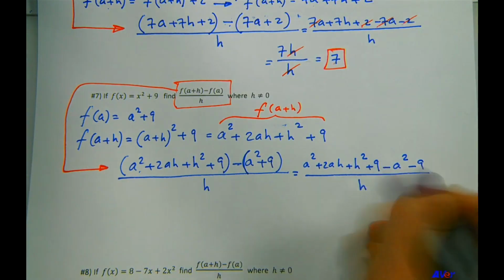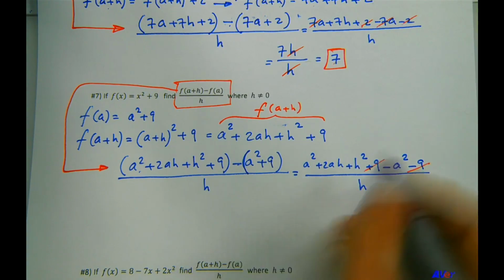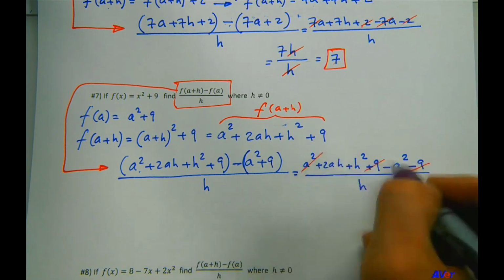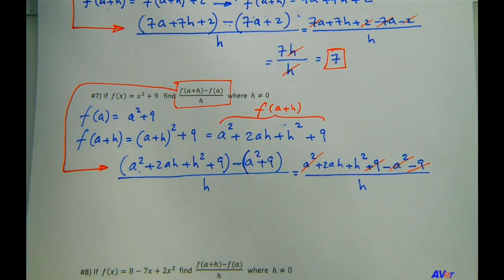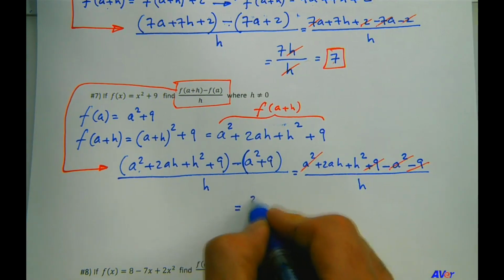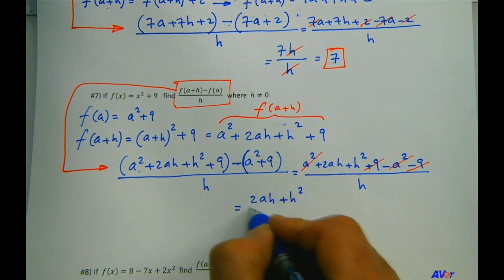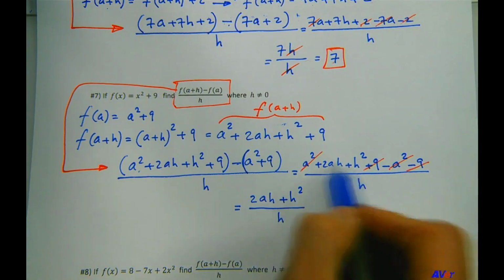Plus 9 and minus 9, they add up to 0. A squared, positive a squared, negative a squared, they add up to 0. What are we left with? 2ah plus h squared over h, right? That's all we have left in the numerator.